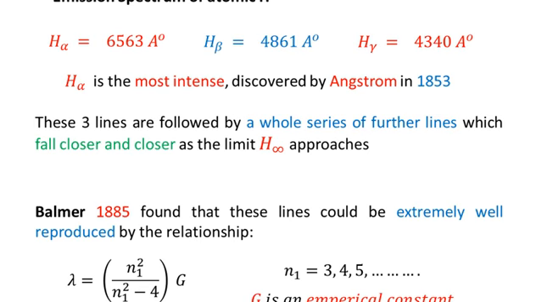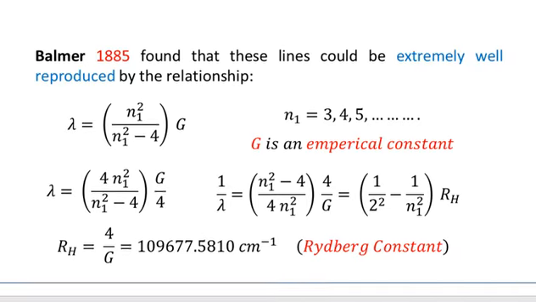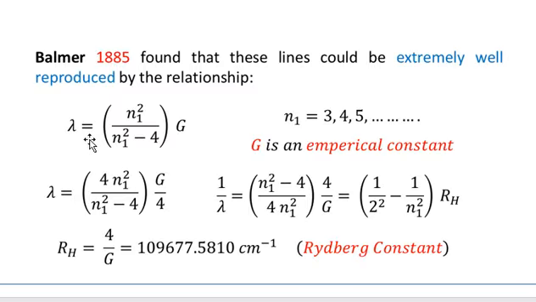In 1885, Balmer introduced a numerical formula: lambda is equal to G multiplied by n1 square over n1 square minus 4, in parentheses. He found that this formula can explain all those wavelengths. This was one of the achievements at that time, where n1 could take the values 3, 4, 5, and so on.